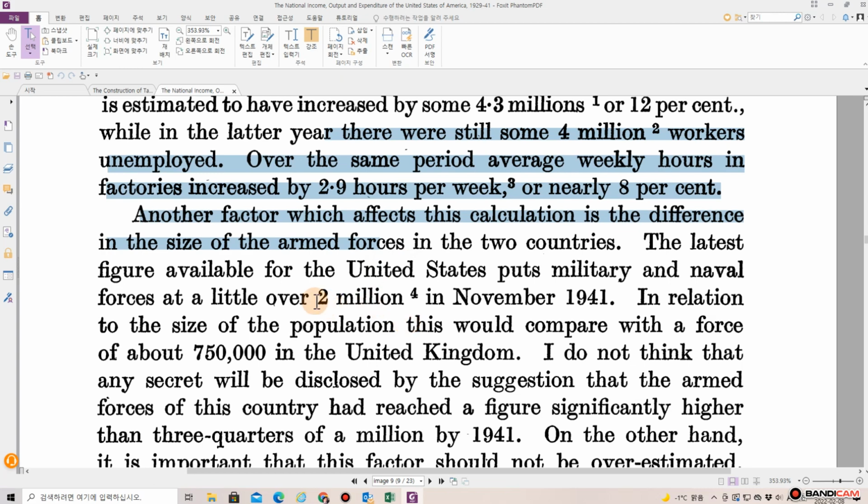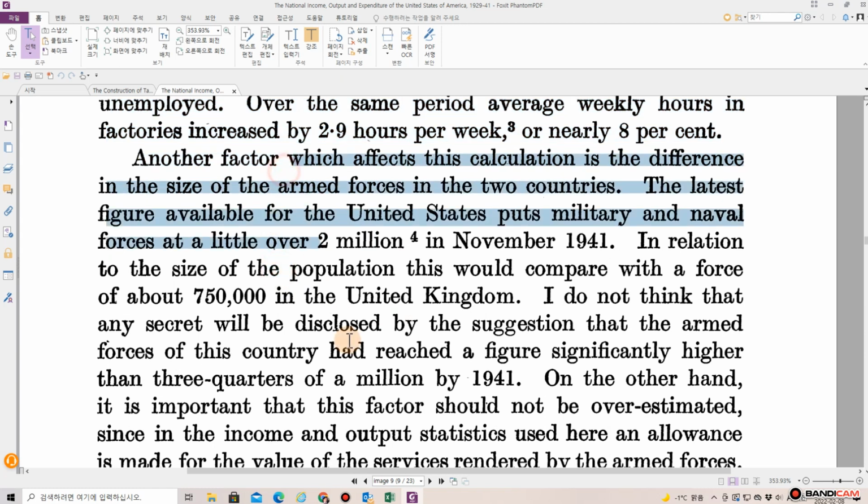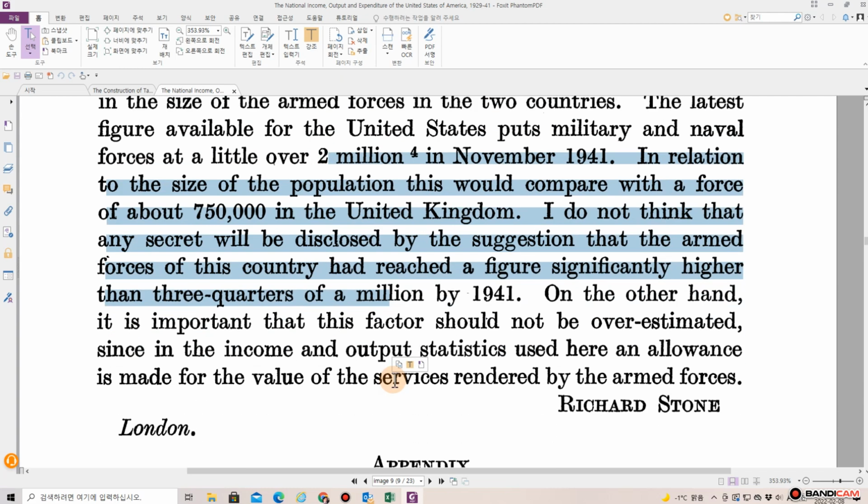Another factor which affects this calculation is the difference in the size of the armed forces in the two countries. The latest figure available for the United States puts military and naval forces at a little over 2 million. In November 1941, in relation to the size of the population, this would compare with a force of about 750,000 in the United Kingdom.